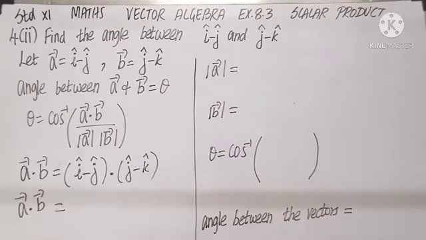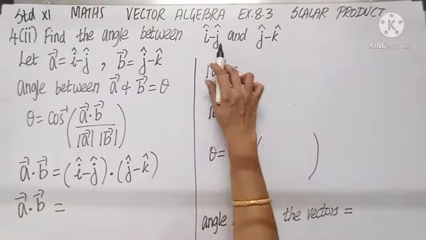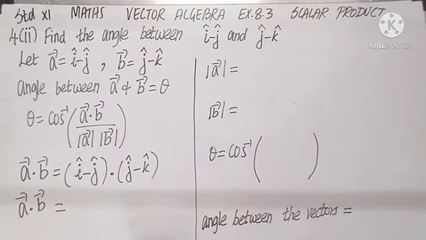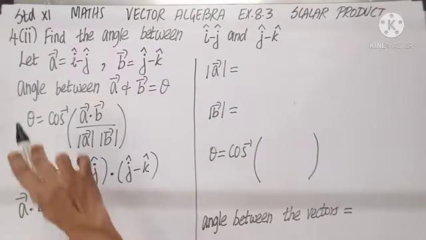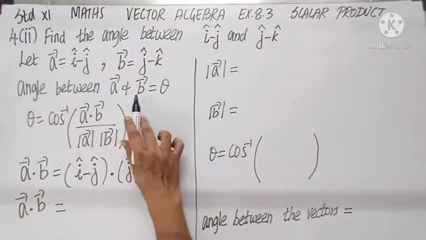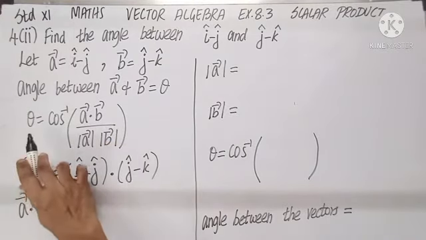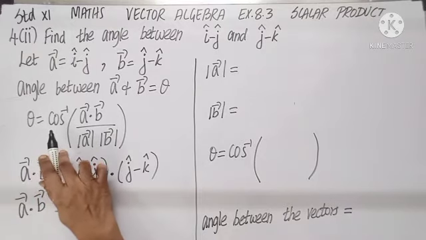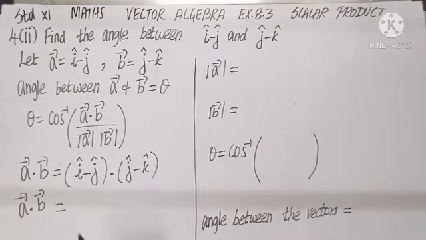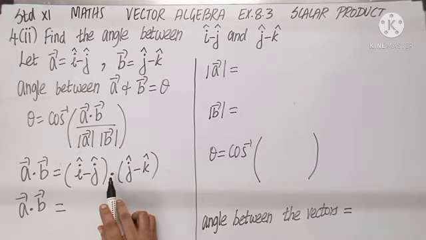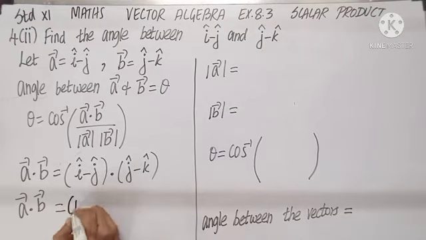Second subdivision, find the angle between I minus J and J minus K. Treating the two vectors as A and B, recall the formula: angle between A vector and B vector is theta equals cos inverse of A dot B by mod A mod B. How are we to perform dot product? I and I: here I is 1, here I is missing.